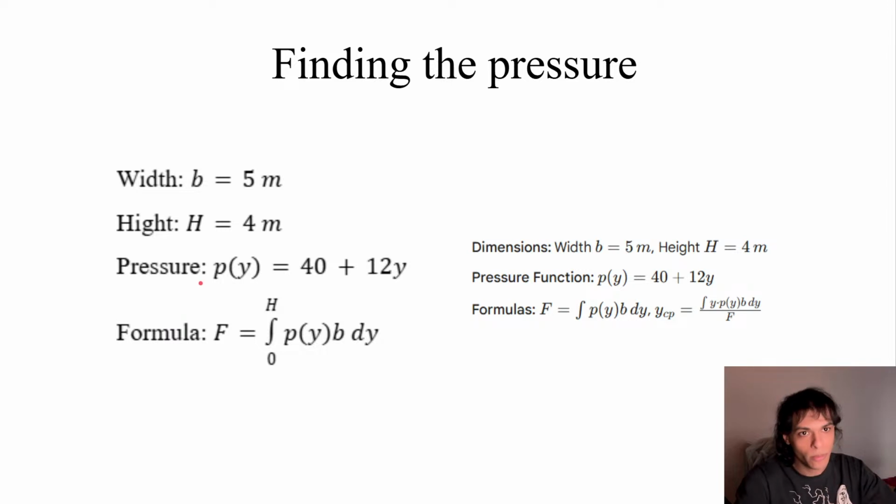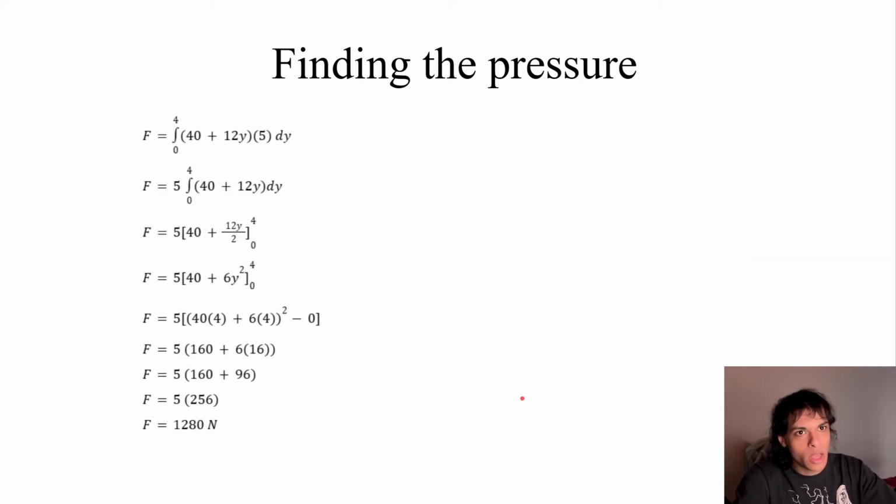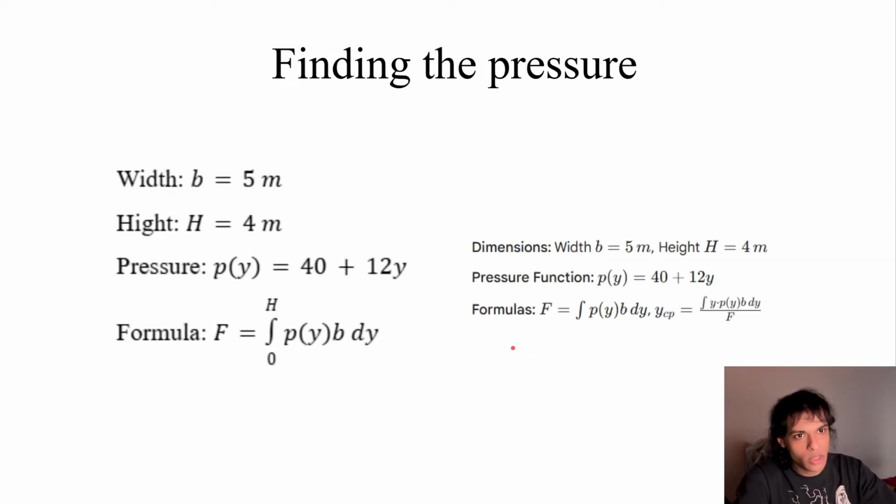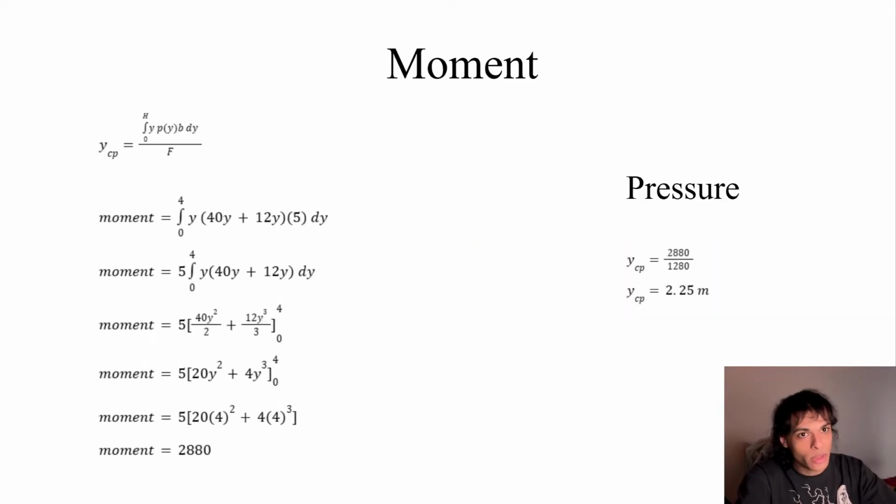And we have a formula for the pressure here, and we have a formula for the force. So firstly, in order for us to find the specific pressure that is going to be applied, we need to find the force first, right?